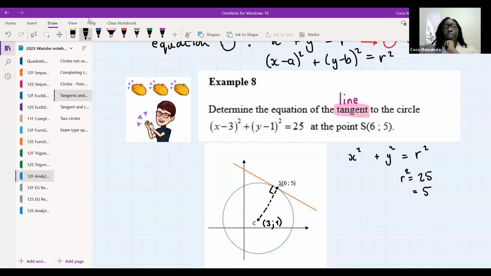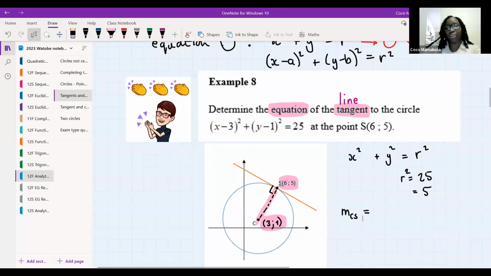But I'm going to bump into a little problem, because if I calculate my gradient m, I've got 2 points: the point (3; 1) and the point (6; 5). These two points are going to give me the gradient of line CS, that part. But I don't want the gradient of that part, because I'm trying to find the equation of my tangent. So what are we going to do with these gradients once we have them?